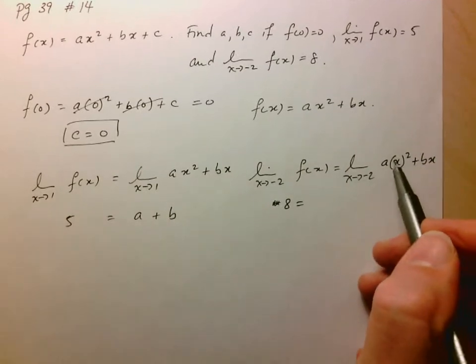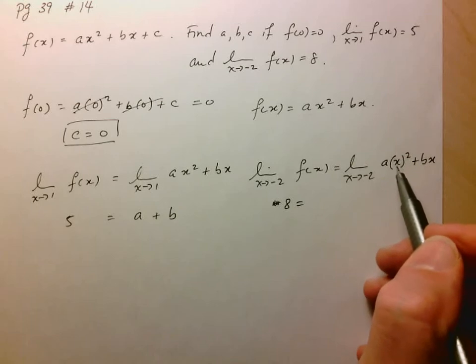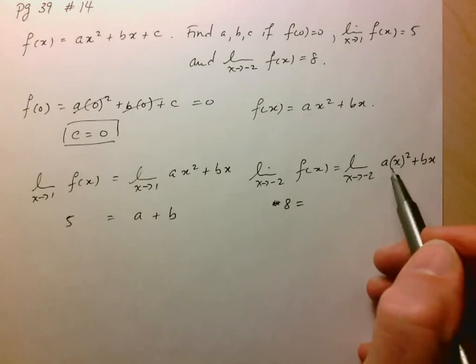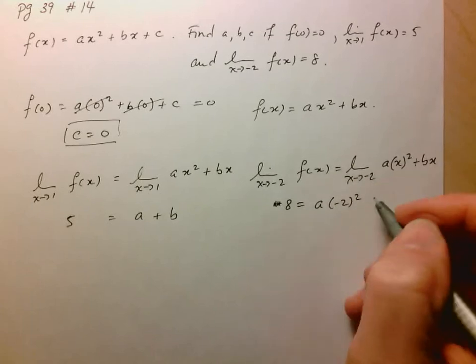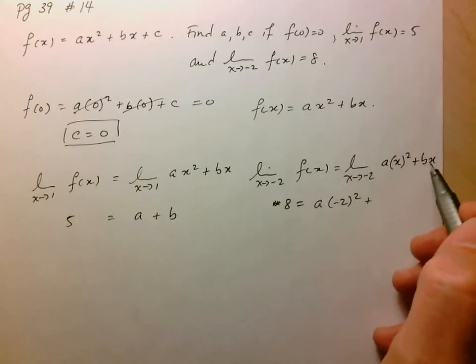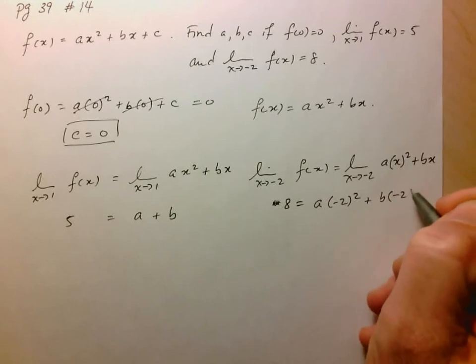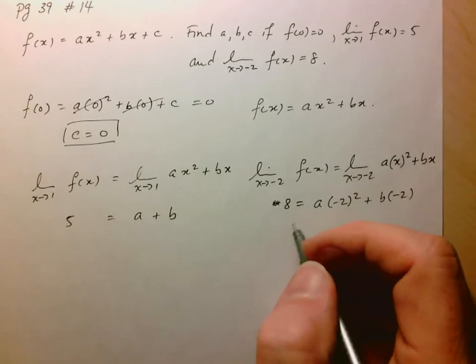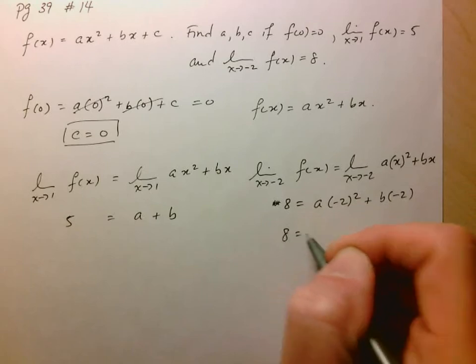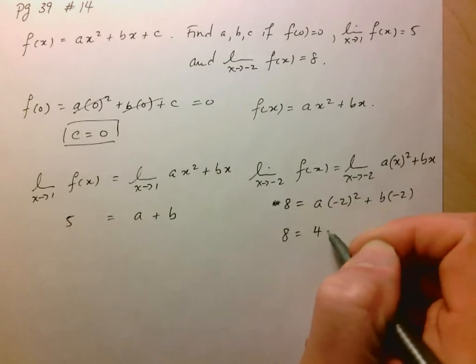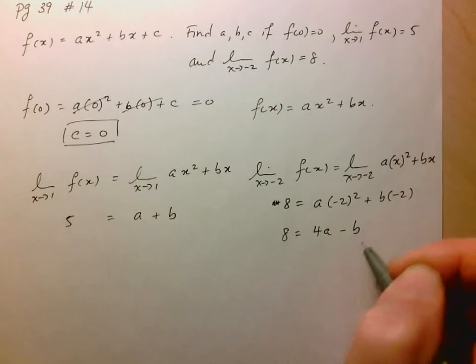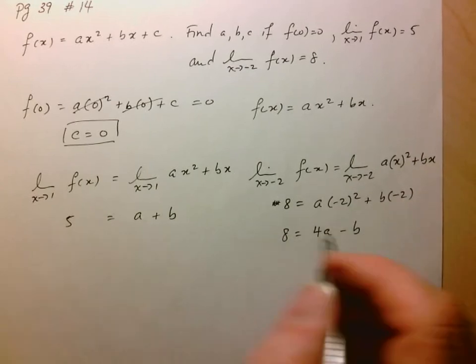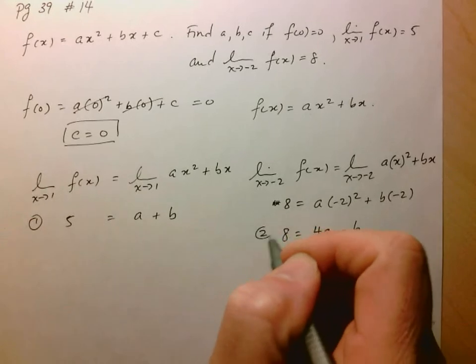Here x is getting closer and closer to negative 2, so x squared is just getting closer and closer to a times negative 2 squared, plus bx is just going to be approaching b times negative 2. And so this is going to give us a second equation. So 8 is equal to, this becomes 4a minus b.